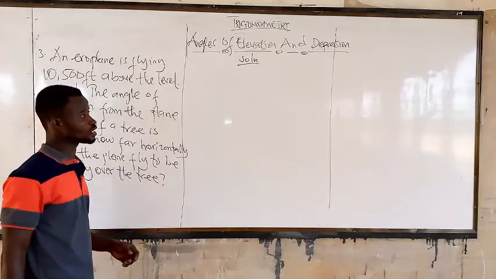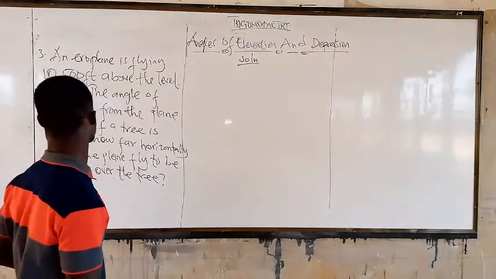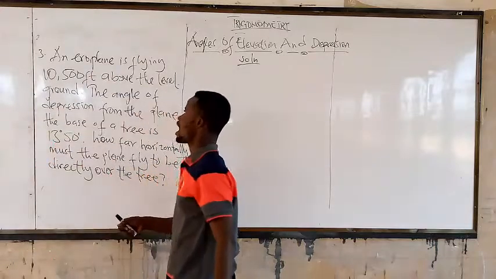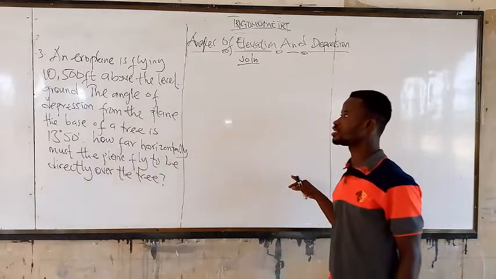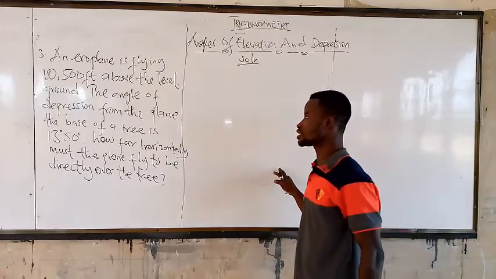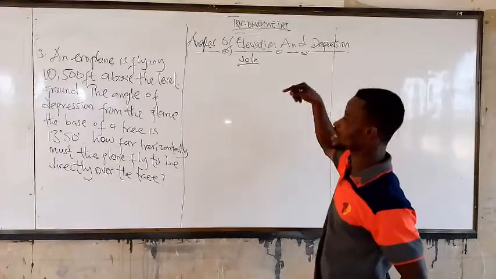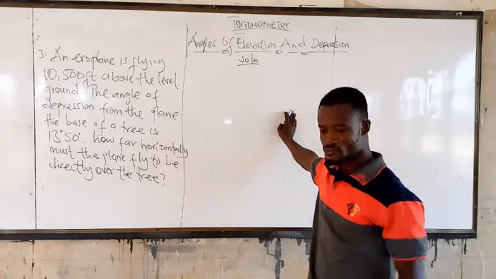Alright, so let's look at our third example. An aeroplane, and we have all seen an aeroplane before. An aeroplane is flying 10,500 feet above the level ground. Very good.